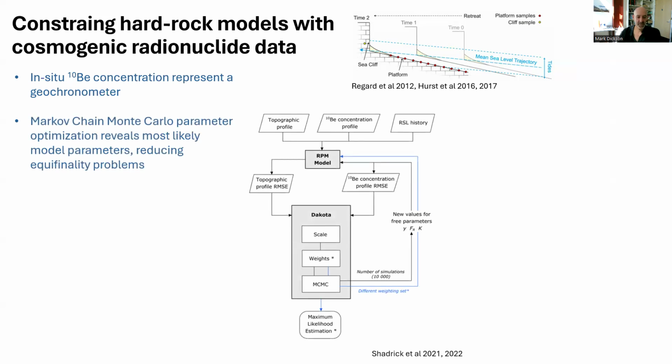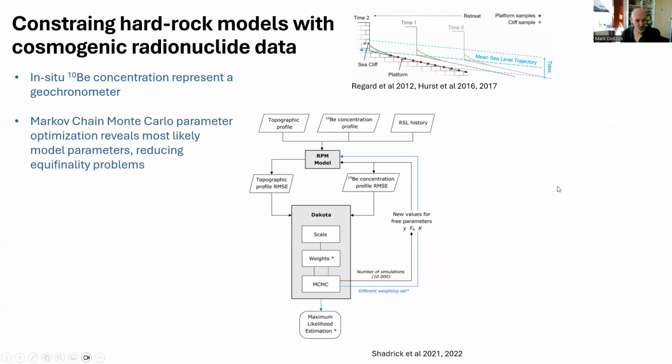And what becomes very interesting is that by creating an environment in which we can explore the rock profile model with a wide variety of different parameter states, we can iterate through time and test these parameters to see which combination of parameters is most likely to represent the emergent rock profile shape best.